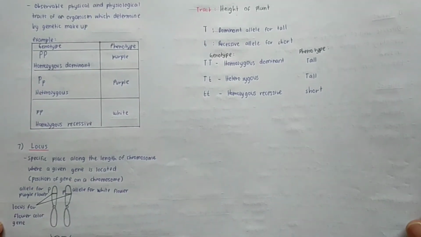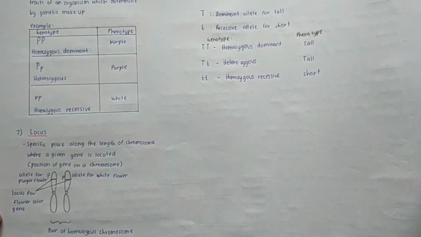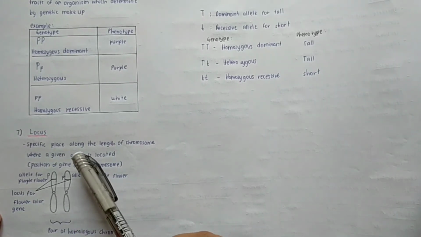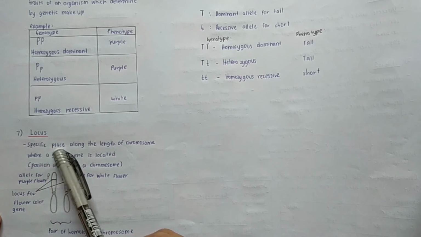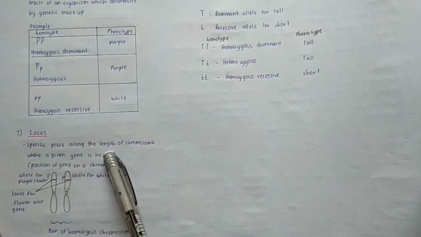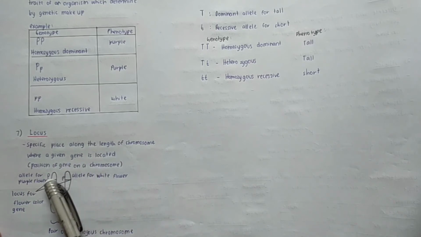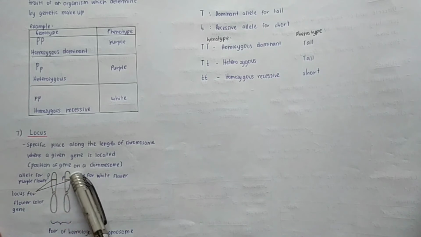Okay. And then for locus, actually this one pun saya dah discuss secara indirectly tadi. Tapi kalau kita tengok dari segi dia punya full definition, it refers to the specific place along the length of a chromosome where a given gene is located, or the position of a gene on a chromosome. Okay, so like right here, awak akan nampak this is the pair of homologous chromosomes.